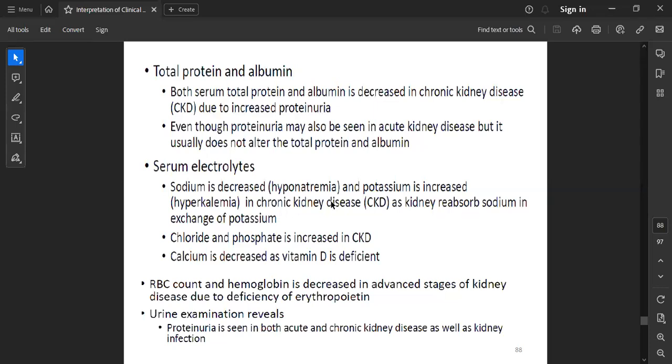Then in CKD, chloride and phosphates are increased and calcium is decreased due to deficiency of vitamin D. Vitamin D production is done by the kidneys. So if the kidneys are not functioning well because of the chronic disease, calcium will be decreased.